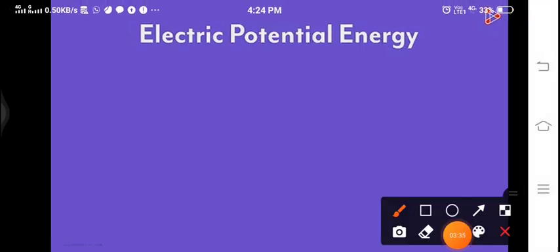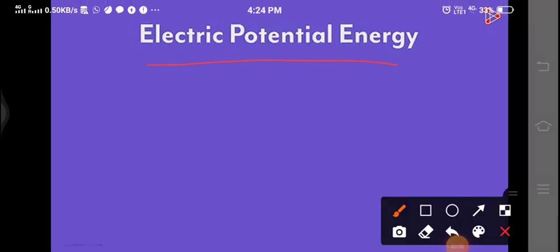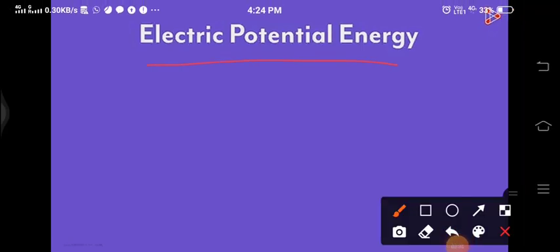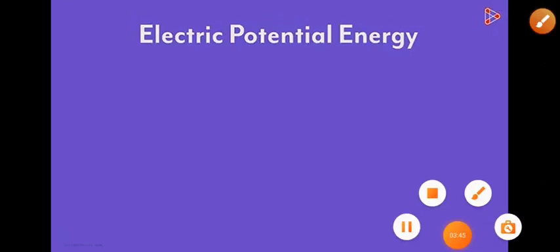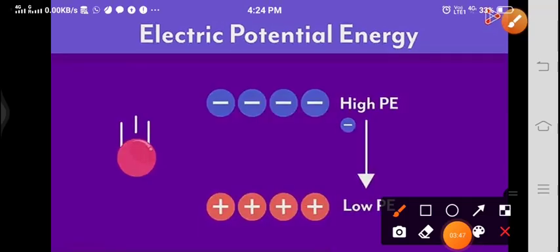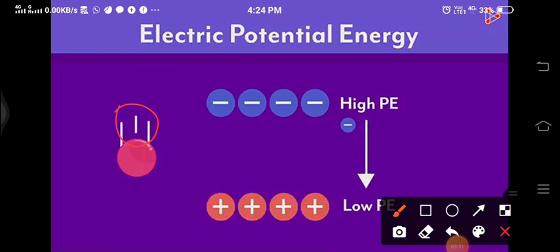Similarly, we can say the same concept for electric potential energy. Electric potential energy means how much energy a charge stores in a specific object. If we consider a ball at one place, it has high potential energy. When it is going down, it is attracted toward the positive charges, which is low potential energy.